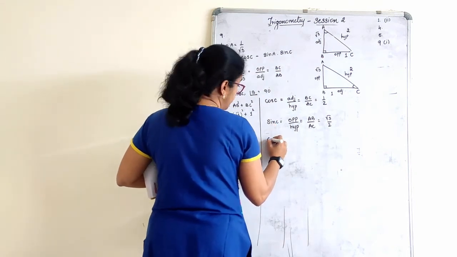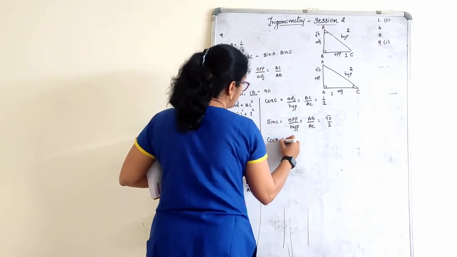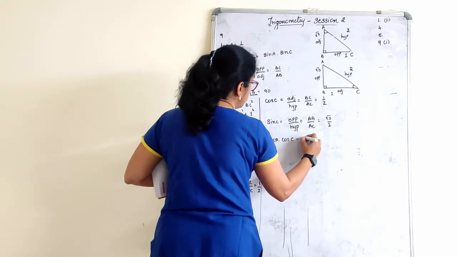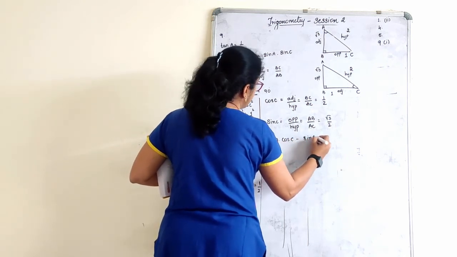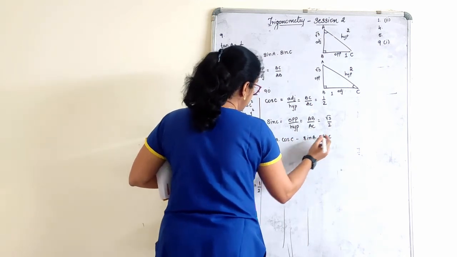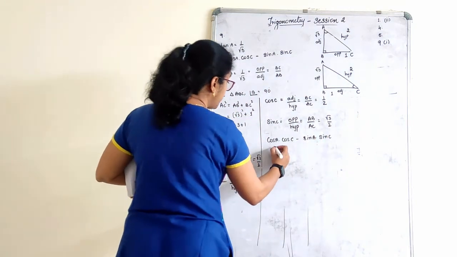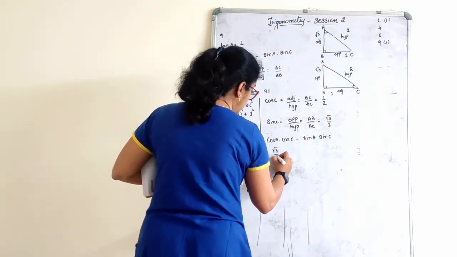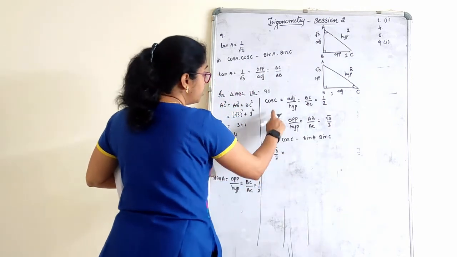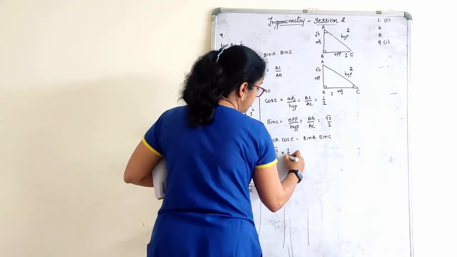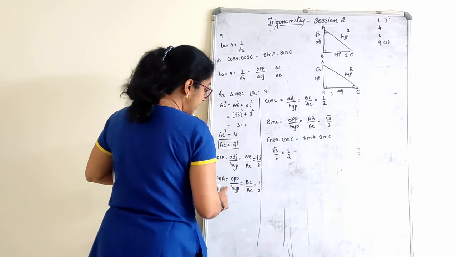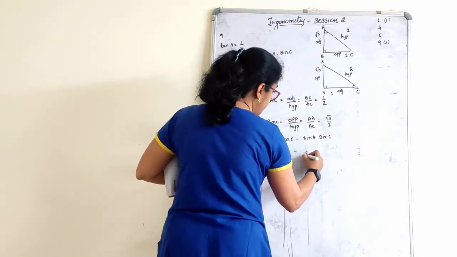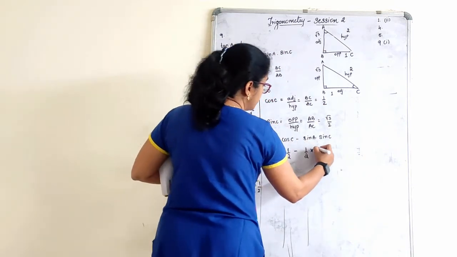Come to the question part. Cos A, cos C minus sin A, sin C. Cos A, root 3 by 2 into cos C, 1 by 2 minus sin A, 1 by 2 into sin C, root 3 by 2.